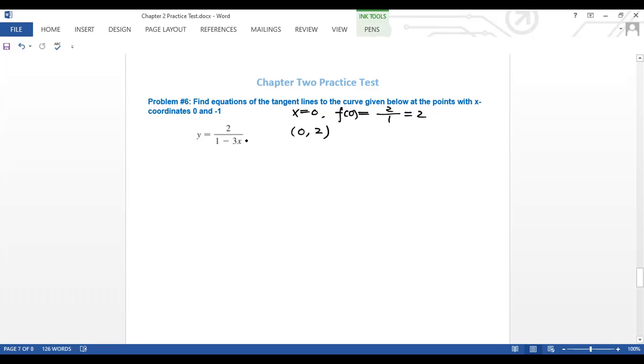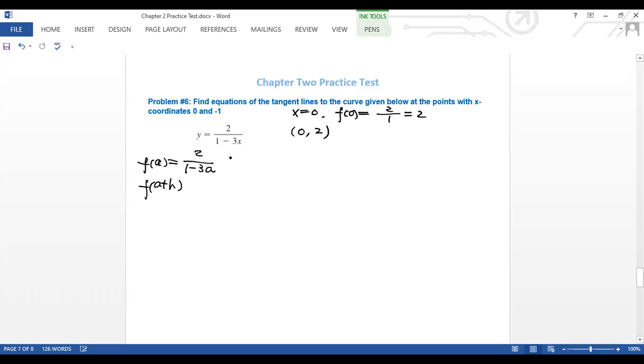Okay, so now let's try to find the slope of the tangent lines here. We said f of a is any number, f of a here, so this is 2 over 1 minus 3a. When x equals 0, my a is 0. So I need to just find the general forms here. So this is f of a plus h.